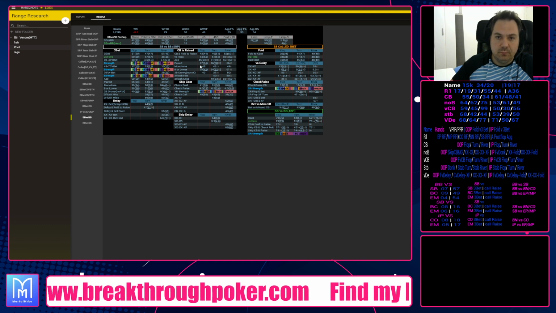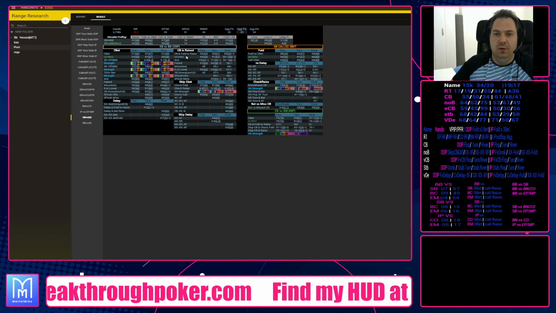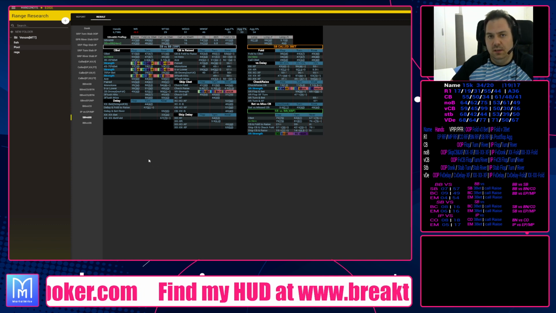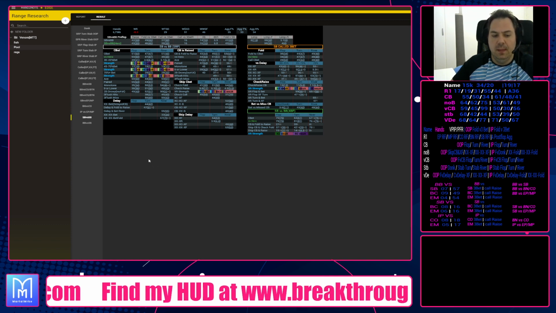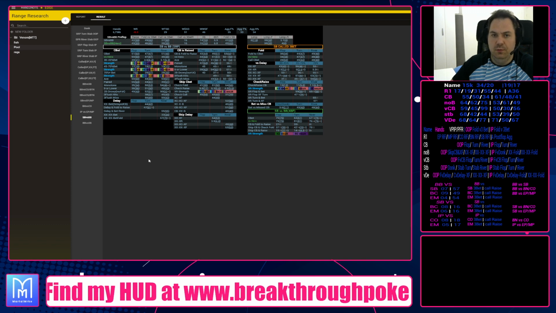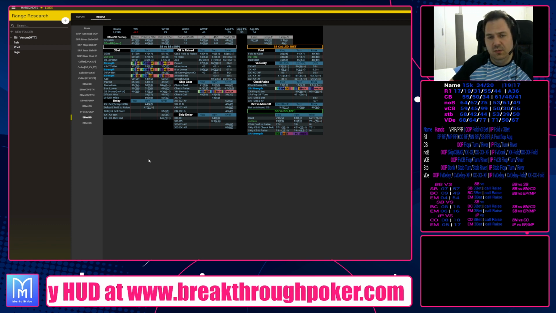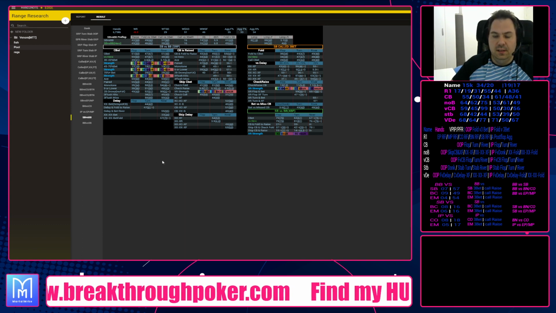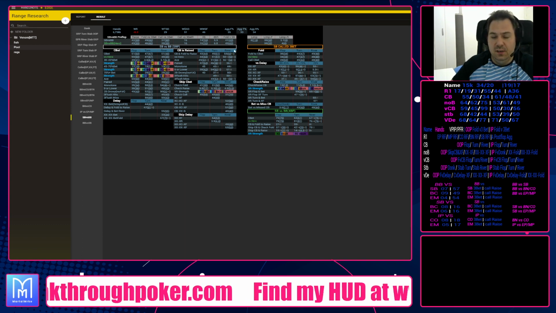On the flop, we see that they fold 43%. On the river, 53. We saw in the other video that generally people on the turn and the river overfold to raises. So definitely on the river, here it's 53%.